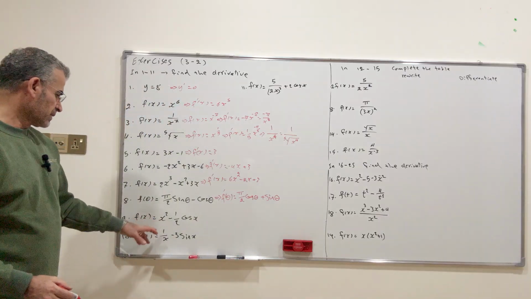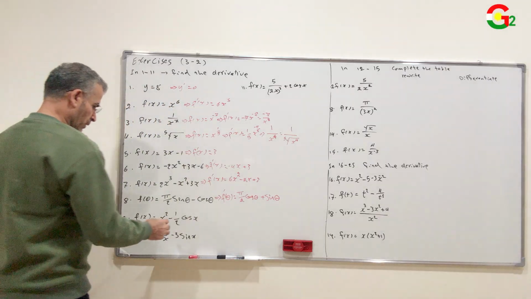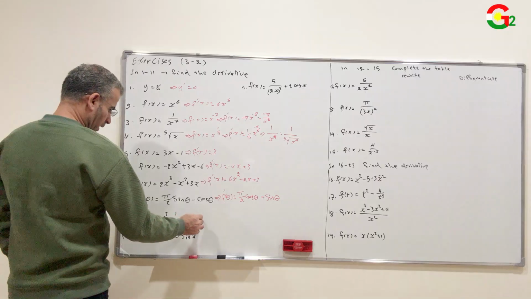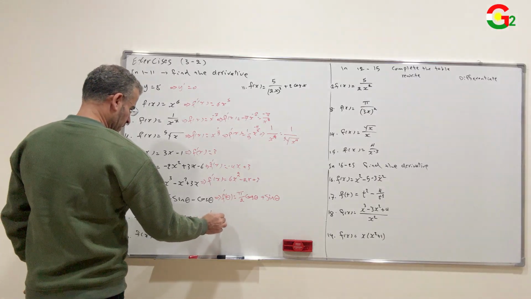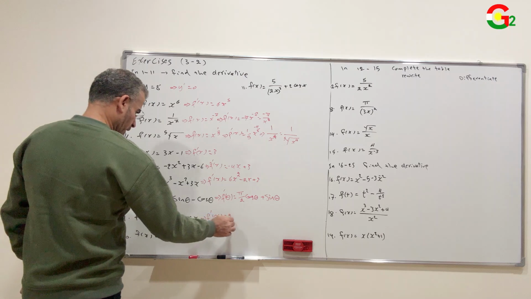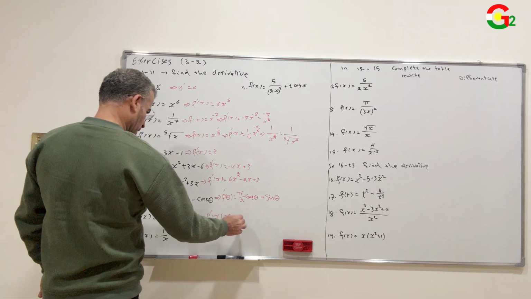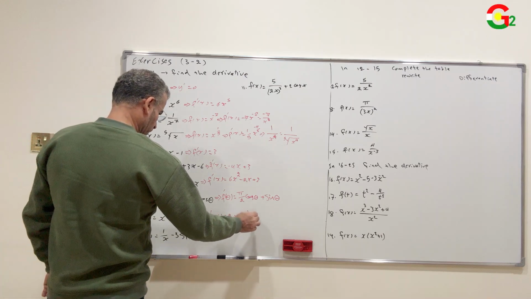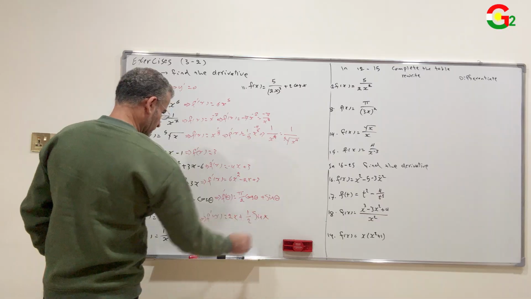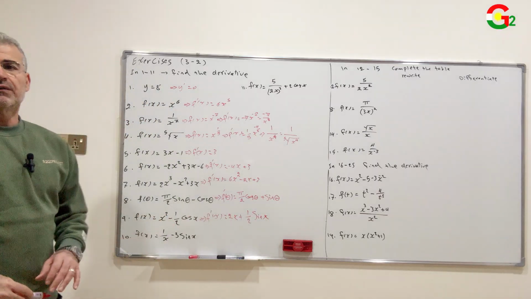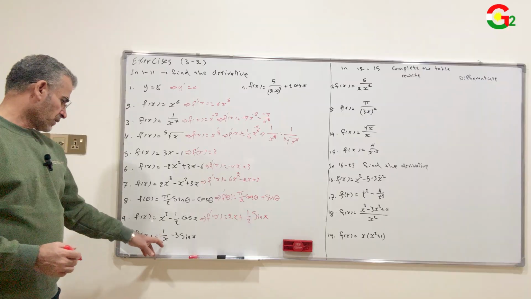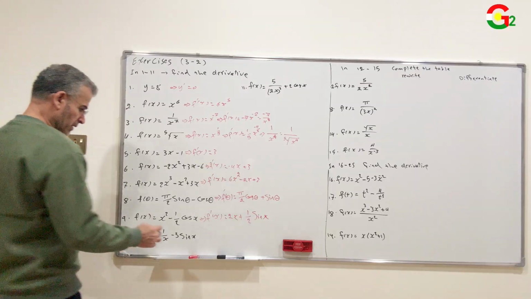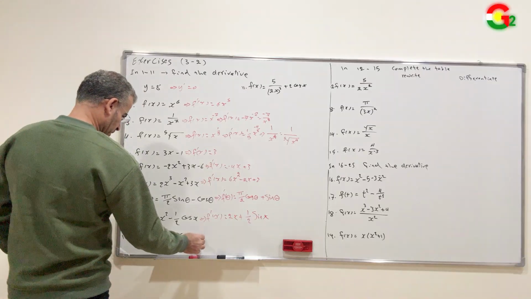f of x equals x^2 minus 1 over 2, a half cosine x. Then f prime of x equals 2x plus 1 over 2 sine x, since the derivative of cosine is negative sine. f of x equals 1 over x minus 3 sine x.